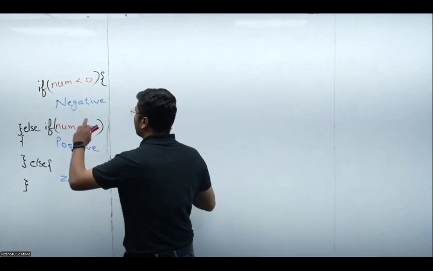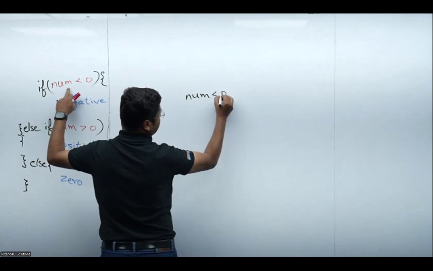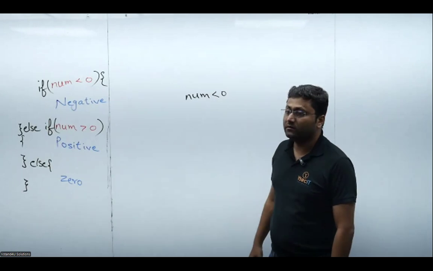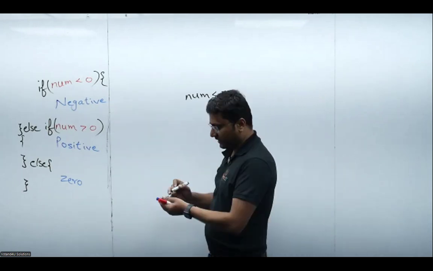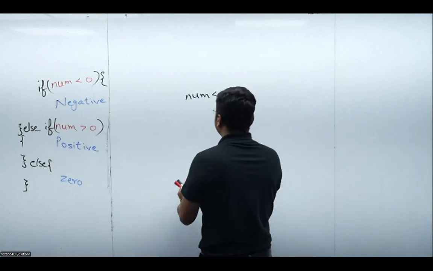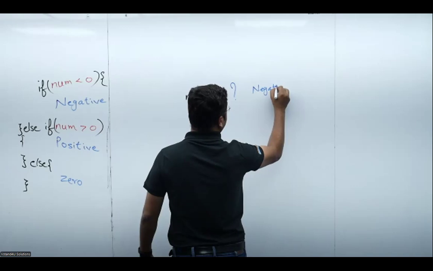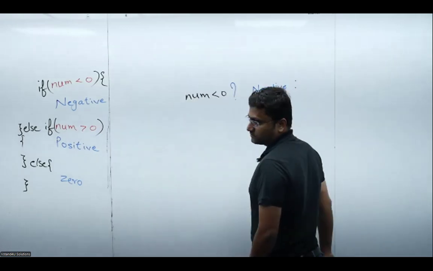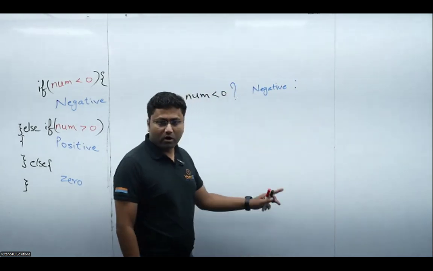Pay attention now. First condition is what? Num, if it is less than 0, then what should I need to tell? Negative means first part. Question mark, say negative. Else, what?